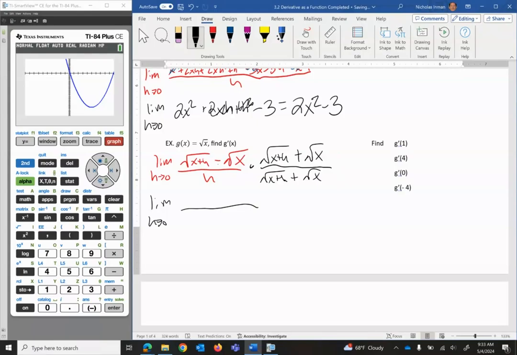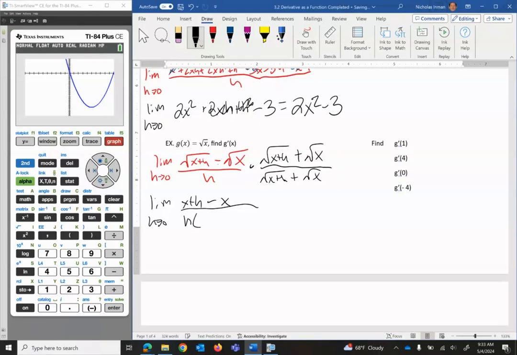All right, on the top, good things will happen. This times this will just be x plus h. This times that, so the square root of x plus h times the square root of x is the square root of x times the square root of x plus h. But when you do negative square root of x times this, those will cancel. All right, and then negative square root of x times the square root of x is minus x.